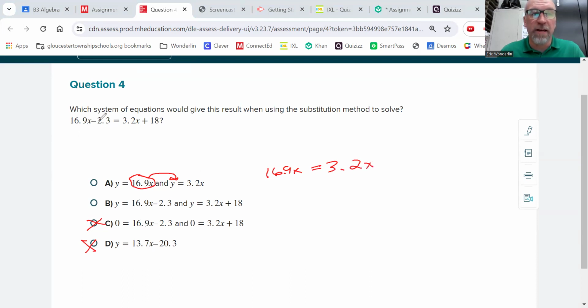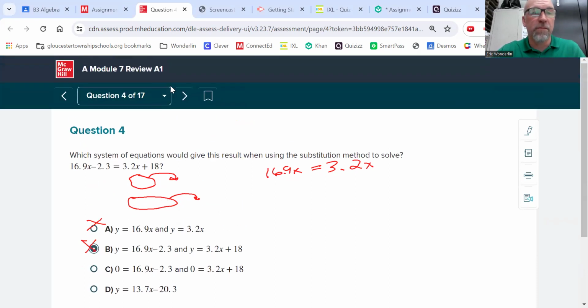This says 16.9x minus 2.3 equals 3.2x plus 18. Well, look at this. 16.9x minus 2.3 goes over here, and it equals 3.2x plus 18. There's my answer. They didn't actually ask you to solve anything. They just asked you to say which two equations would substitute to create this equation. B it is.